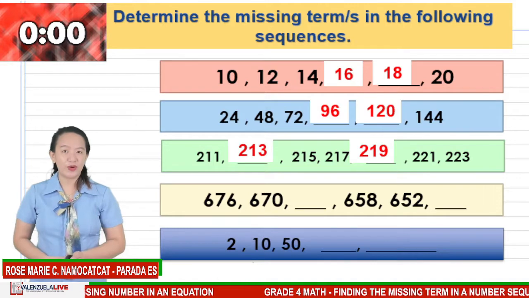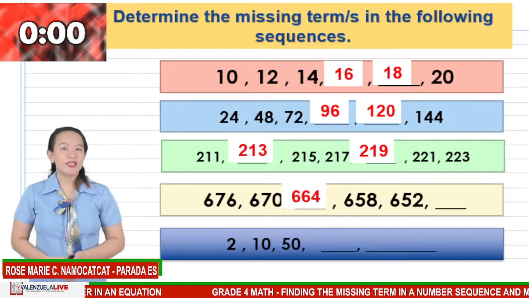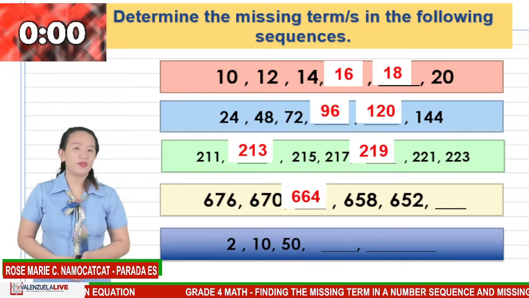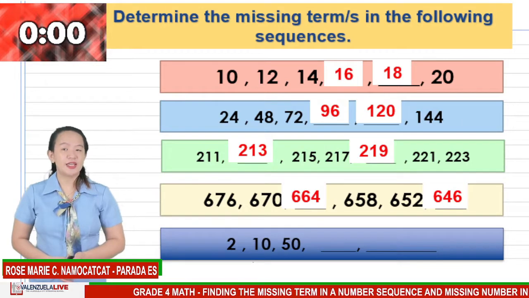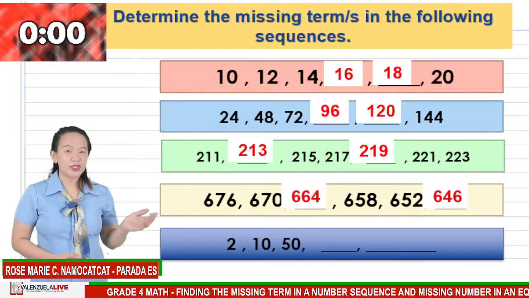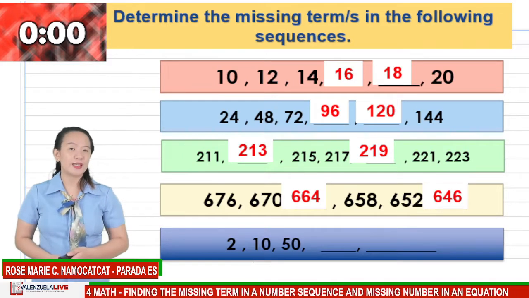Followed by number 4, which is 676, 670, 664, 658, 652, and 646. So in this sequence of numbers, we can see a pattern by subtracting by 6.